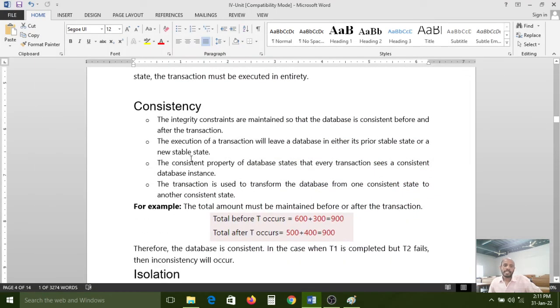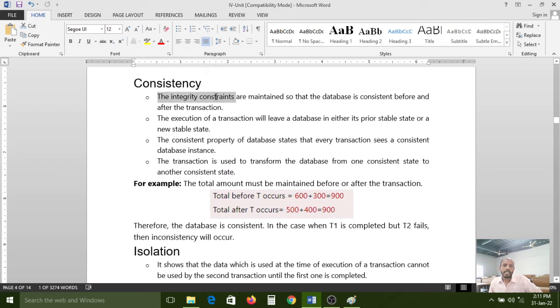Next one is consistency. Consistency means the integrity constraints are maintained, so that the database is consistent before and after the transaction. While creating the table, we assign data integrity constraints: primary key, foreign key, null, not null, check, all these keywords we mention while creating the table.